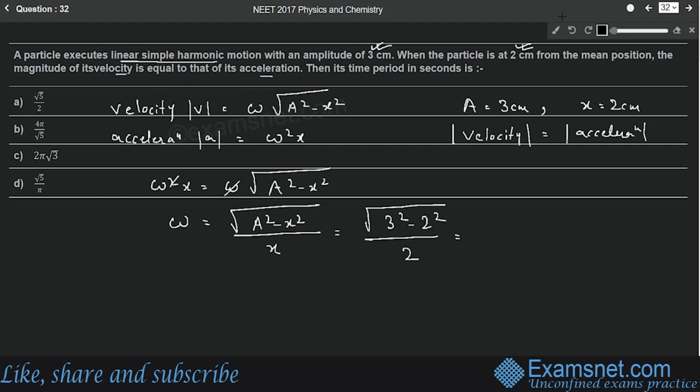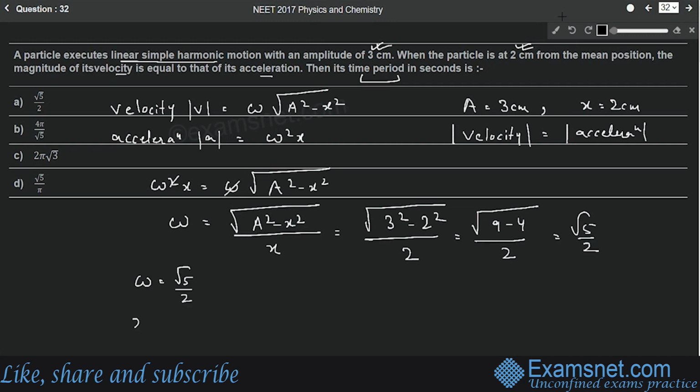So here we get 3 square, that means 9, 2 square, 4, minus. So it will be root 5 by 2. This is the value of omega. But we have to find out the value of time period. So omega is given as root 5 by 2.